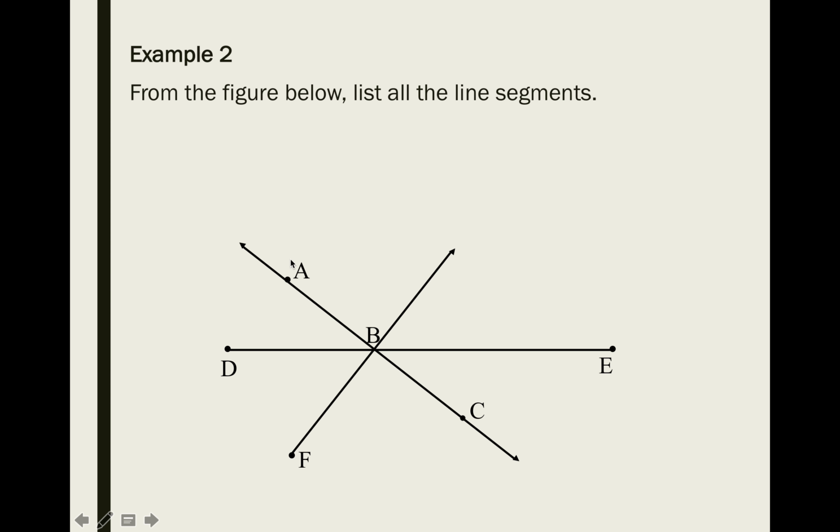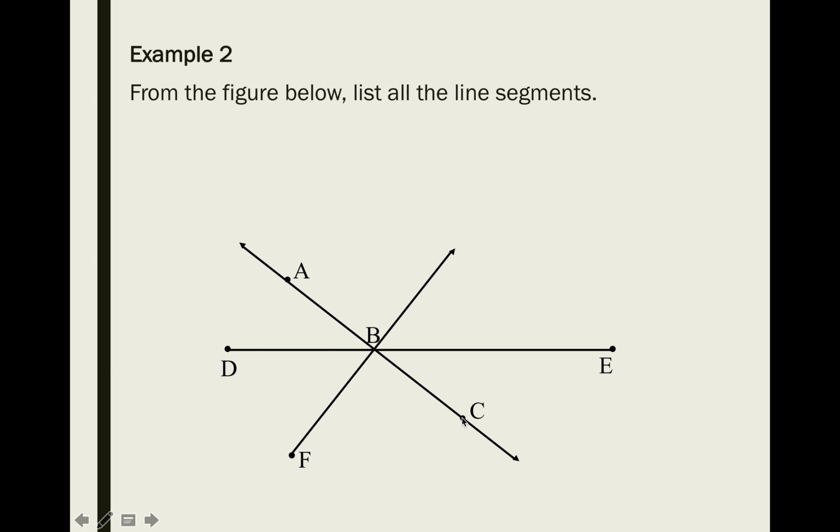Alright, hopefully you did pause. If not, then this is the answer. There are actually quite a few line segments. Again, remember, a line segment is two endpoints. So we can go in any direction. You don't have to start off with A, but I'm going to start off with A. So from A, AB would be a line segment.